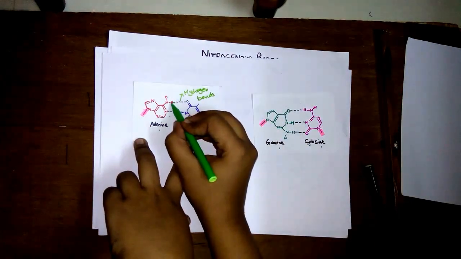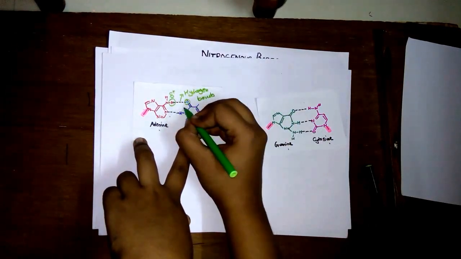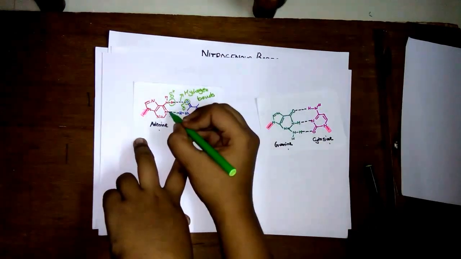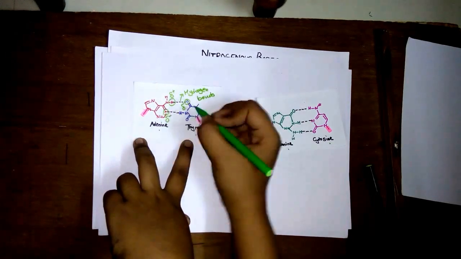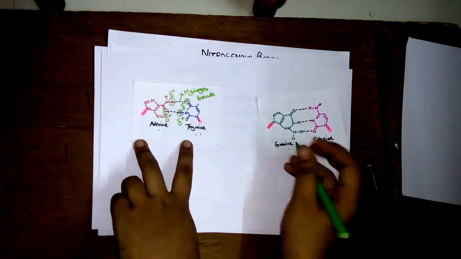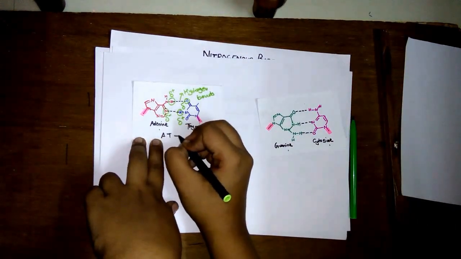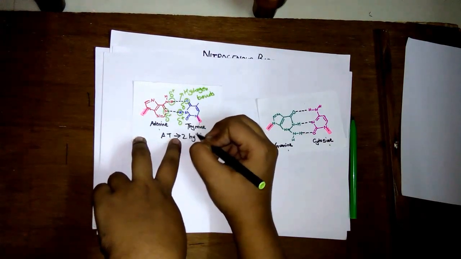And that is because there's a hydrogen over here which is slightly electropositive, and the oxygen is electronegative. Same way with nitrogen, which is electronegative, and hydrogen, which is electropositive. Over here you could see that adenine and thymine share two hydrogen bonds.